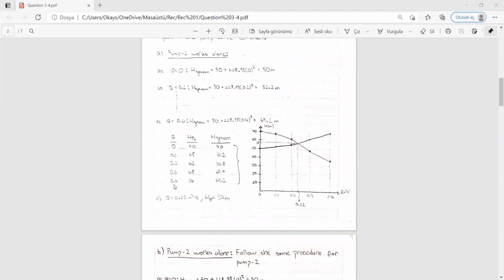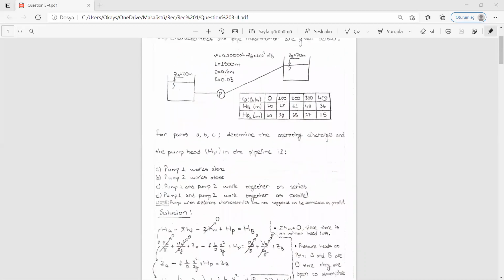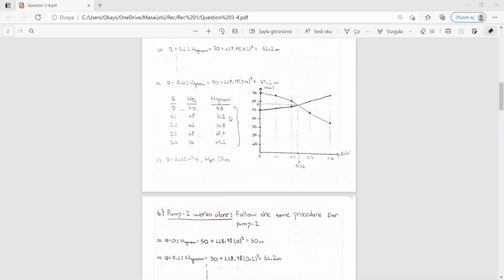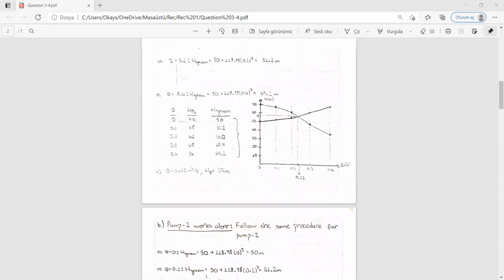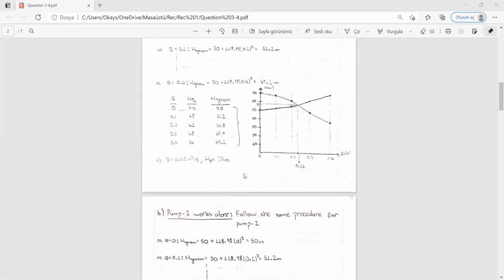For the first column and the second column, you can see their names as well: Discharge and HP1, which means pump head for pump 1. I took these values directly from the values given by the question. Okay. Thank you. I get it now. And these I calculated by using this equation that we derived by using the energy equation. Okay, thank you. No problem.